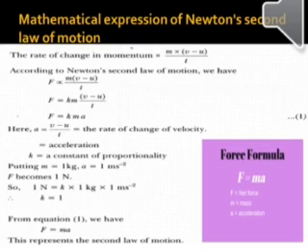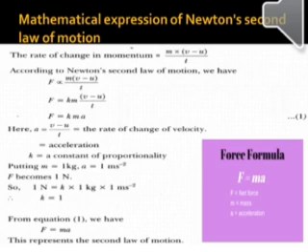The initial and final momenta of the object will be P1 is equal to mu and P2 is equal to mv respectively, where u and v are the initial and final velocity of the body respectively.